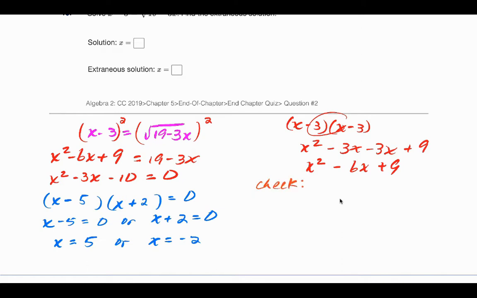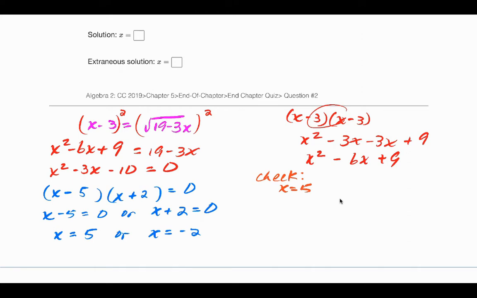When I check x is equal to 5, I'm going to plug that into my original equation. So I'm going to say 5 minus 3. And again, this is a question. Does it equal the square root of 19 minus 3 times 5?